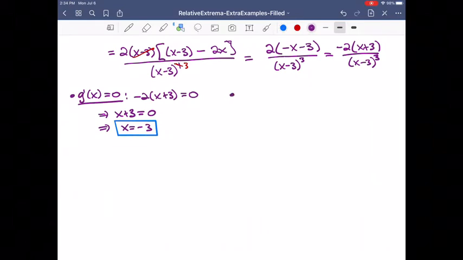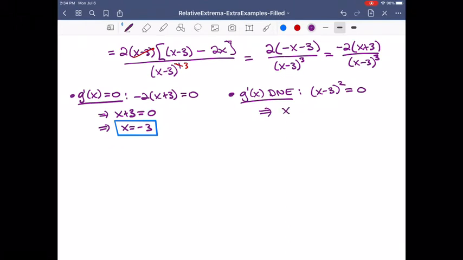Okay, now I want to know where the derivative does not exist. That's when the bottom is 0, which is actually when x minus 3 is 0, or x equals 3.